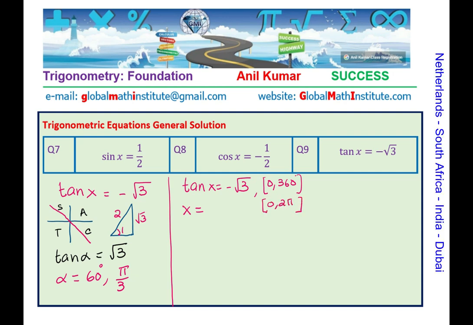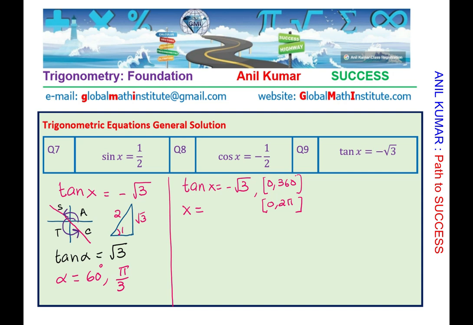So within that domain, we have two answers. One you can see is right there, right? And the other one is this, correct? So these are the two solutions we are looking into.